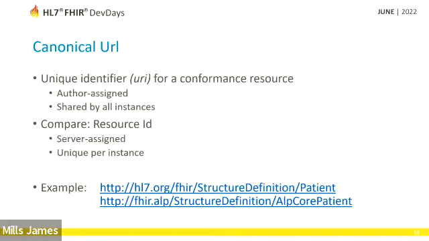And it is also good practice to add the resource type in there because it makes it easier to find it back on your server. And the second one is an example of some imaginary domain called FHIR.alp, where they made a profile based on the patient resource and called it alp core patient.